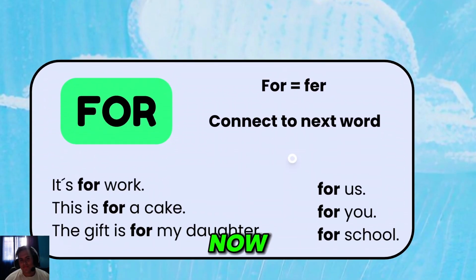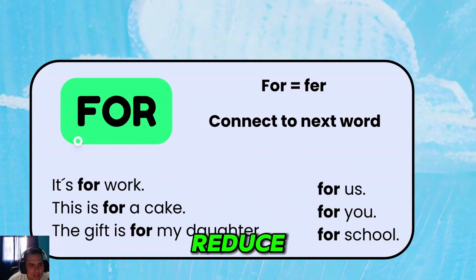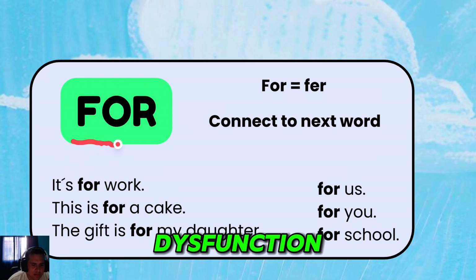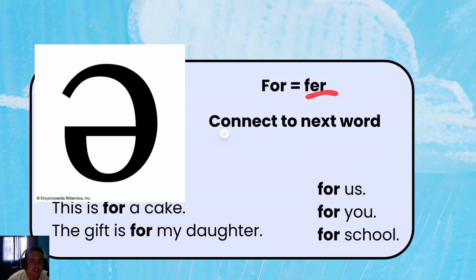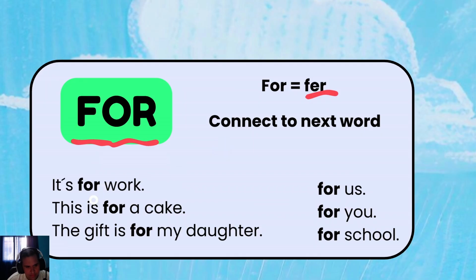And now, we have "for." How do we reduce this function word? For. We say "fer," like a schwa, and connect it to the next word.